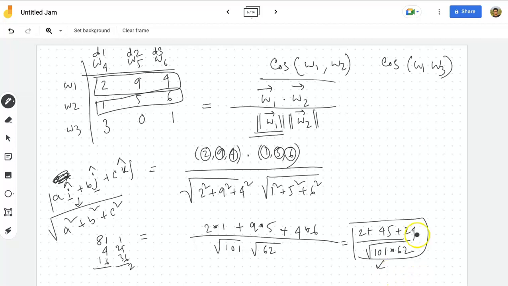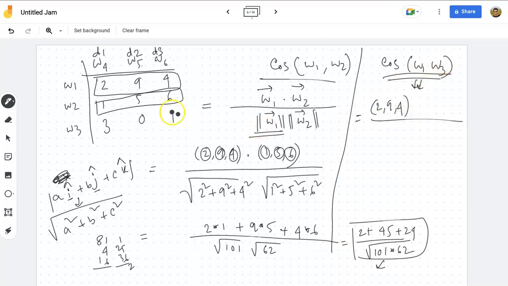Similarly, you can do this one also. Basically it will be between 2, 9, 4 and W3. What is W3? W3 is this one, 3, 0, 1. So the dot product of that with 3, 0, 1, and then root over 101, which we already know, and root over 3 square plus 0 square plus 1 square, so it will be 9 plus 1, 10.